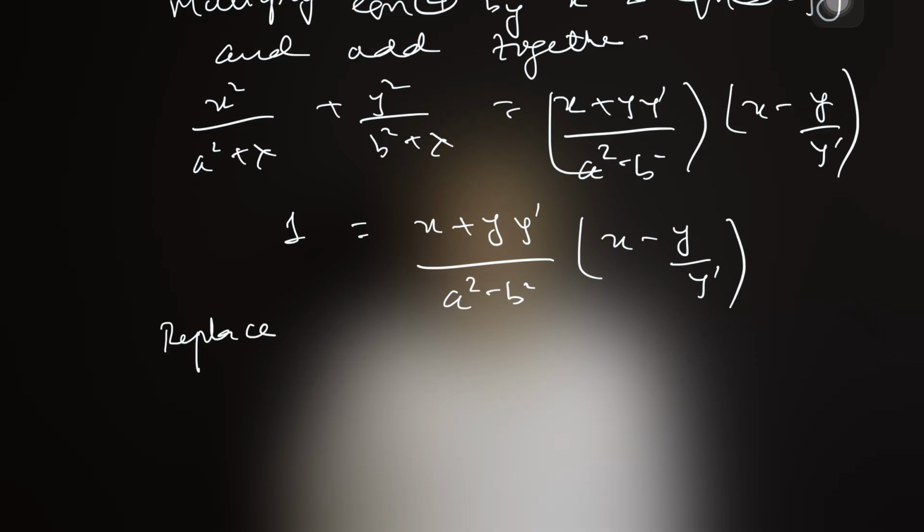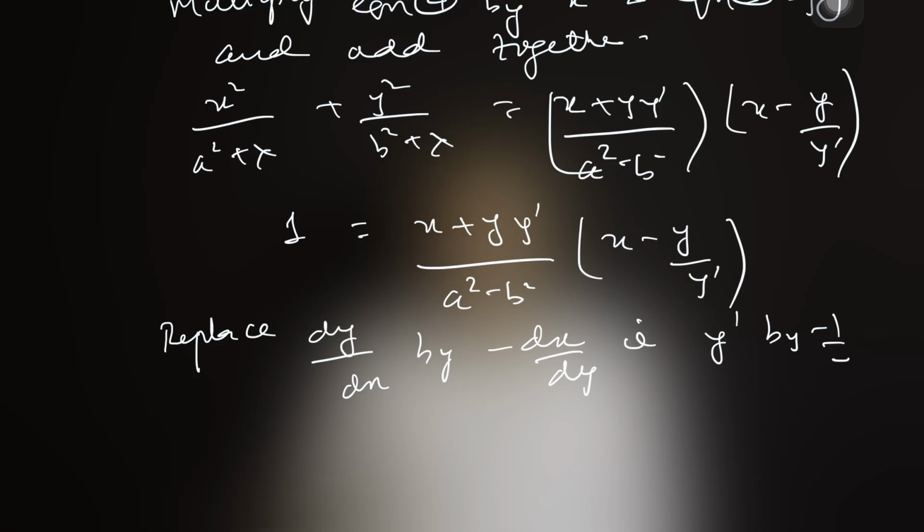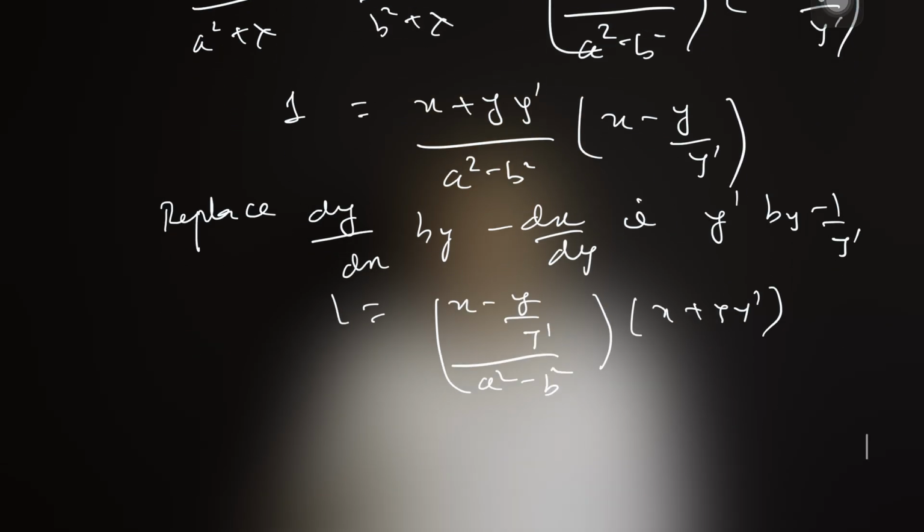So in orthogonal trajectory, if we replace the slope dy by dx by minus dx by dy, that is, if I replace y dash by minus 1 upon y dash, the expression would be the same.